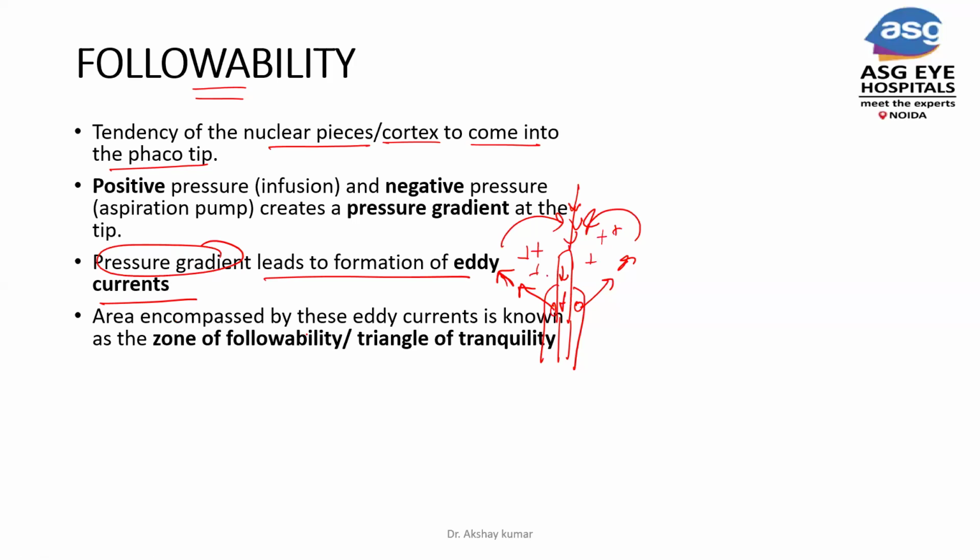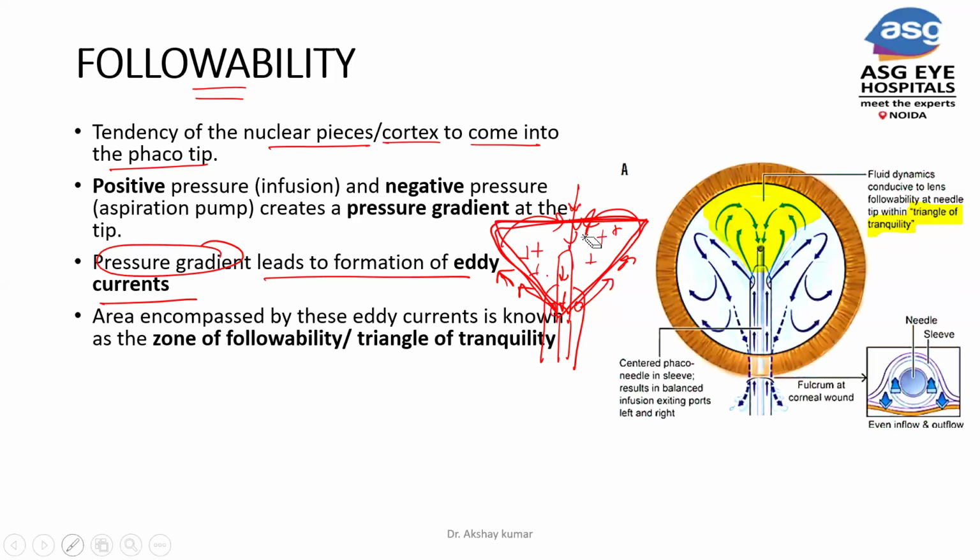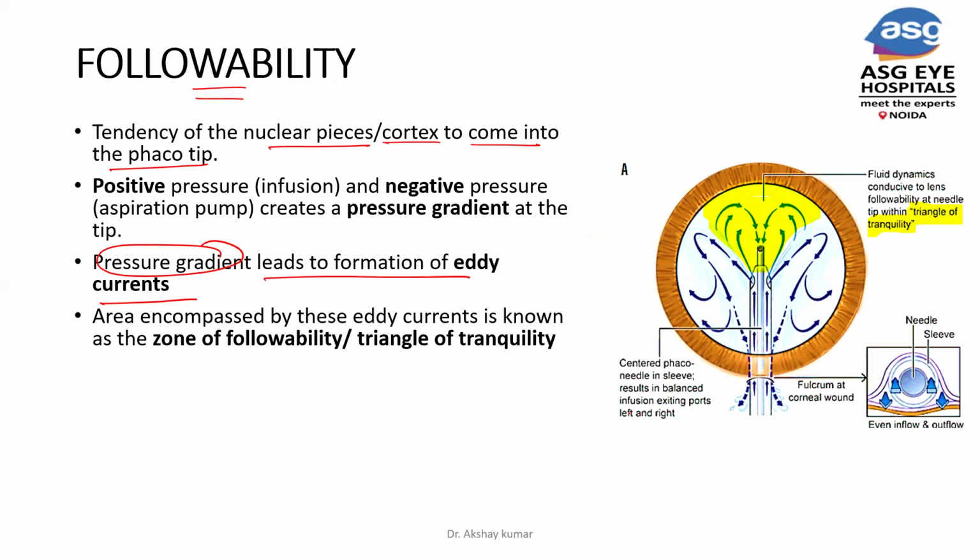The area encompassed by these eddy currents is known as the zone of followability or the triangle of tranquility. So this is a triangular area, as you can see. We have a diagram also. So this is the positive pressure and this is the negative pressure, and there is a zone of followability which is also called the triangle of tranquility.